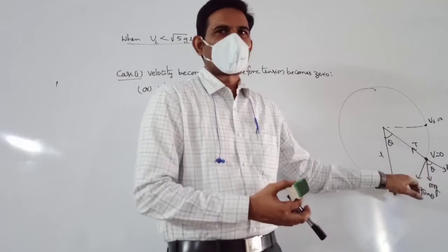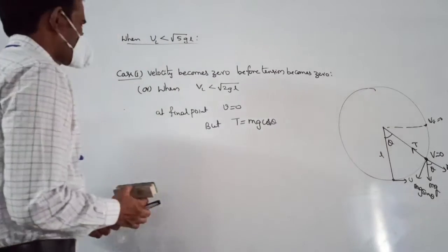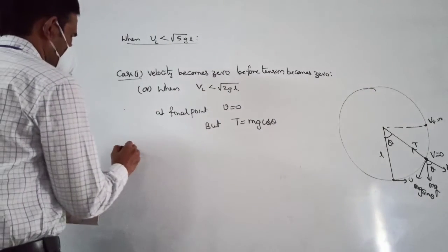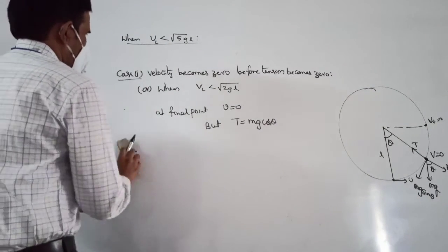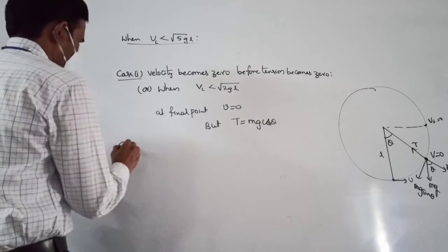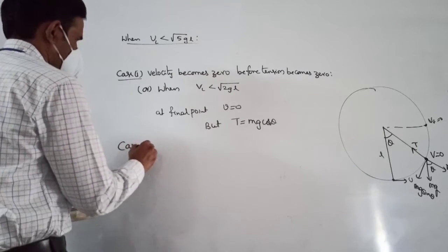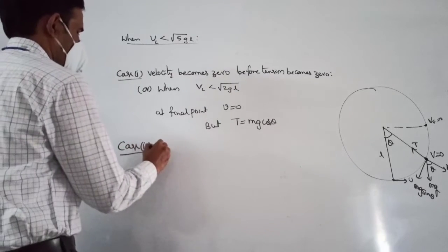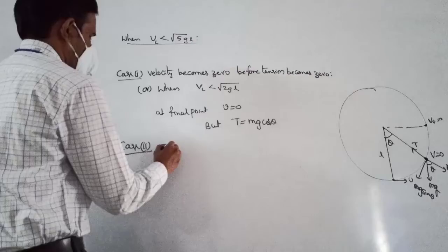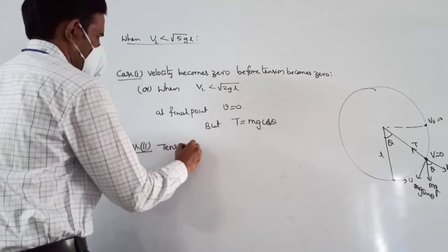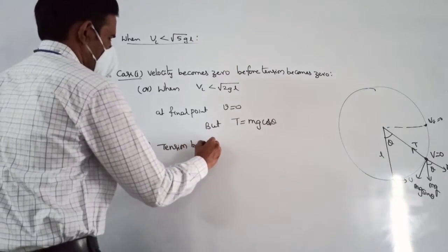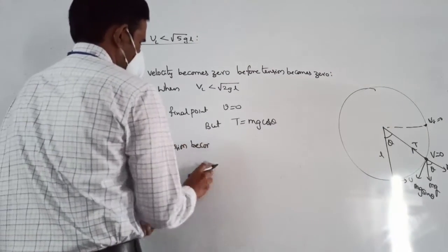So let us write case 2. That is the reverse of this: tension becomes zero before velocity becomes zero.